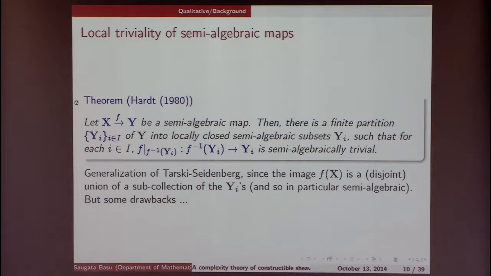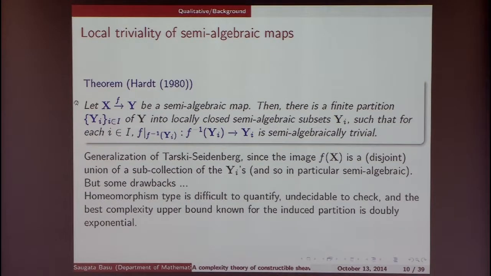But there is some drawback here of the Hardt theorem: we are maintaining the homeomorphism type of fibers, but the homeomorphism type is kind of difficult to quantify. It's undecidable really to check whether two fibers are homeomorphic. And also the best complexity upper bound known for this induced partition is doubly exponential.